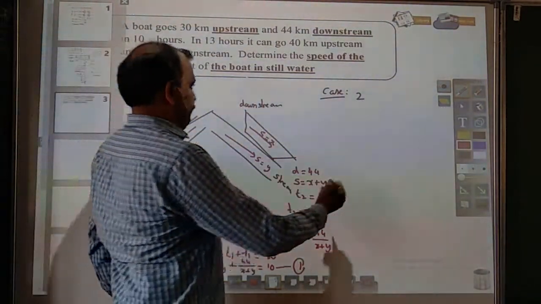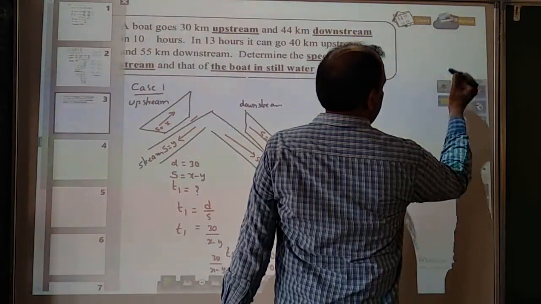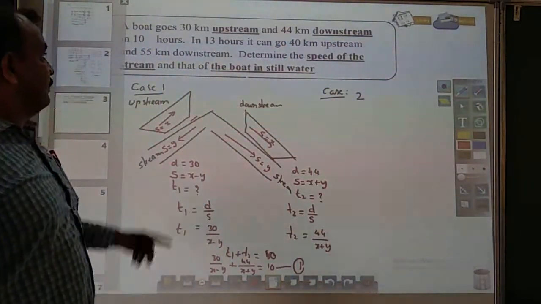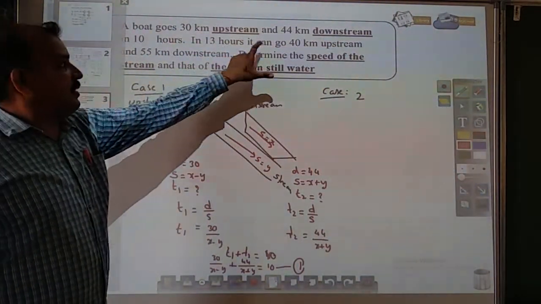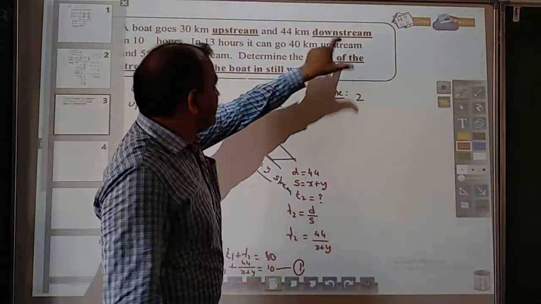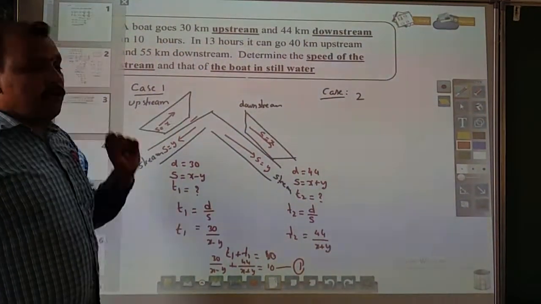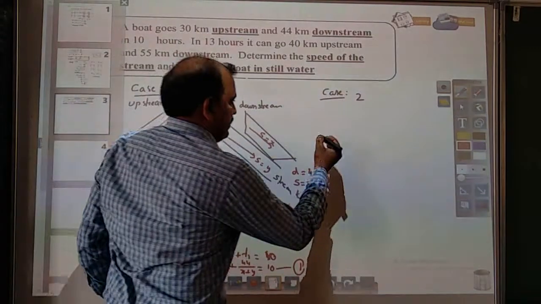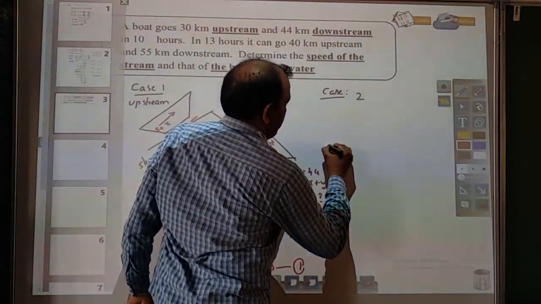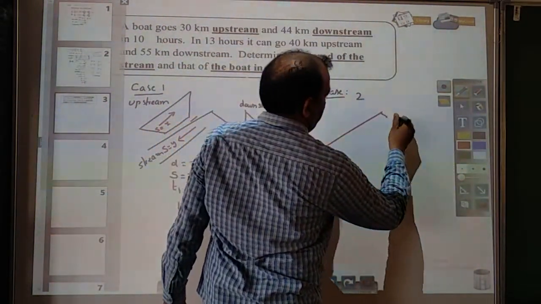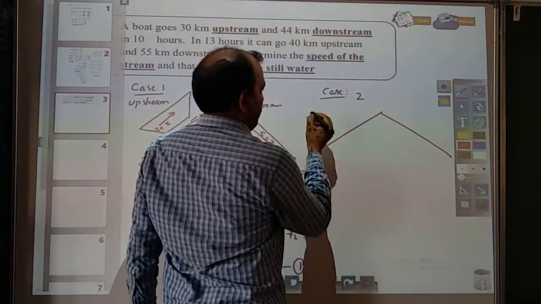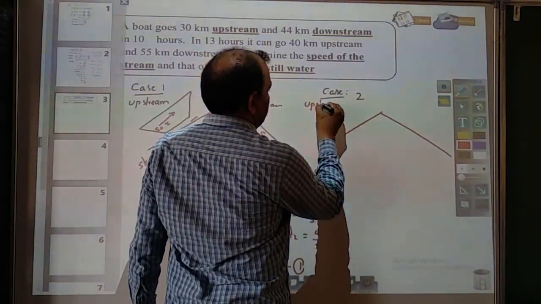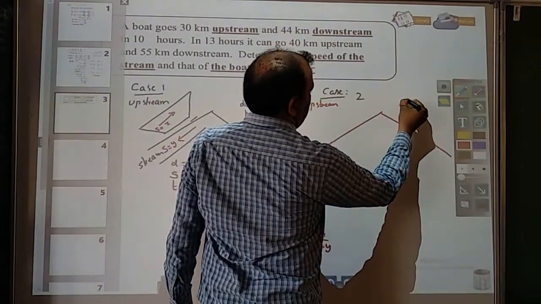In the second case, in 13 hours, the boat can go 40 kilometers upstream and 55 kilometers downstream. First, draw the pictures. This is upstream. This is downstream.